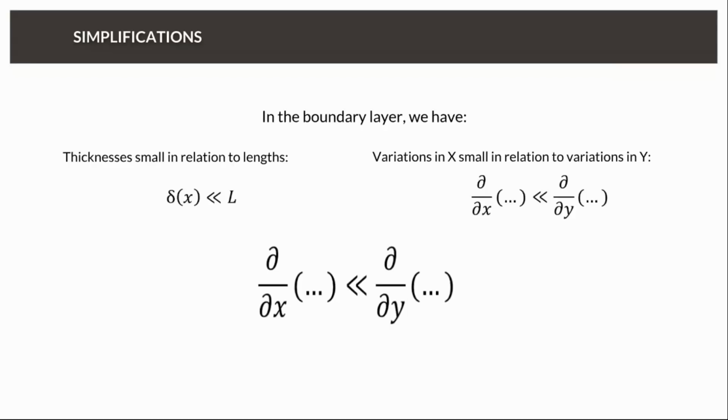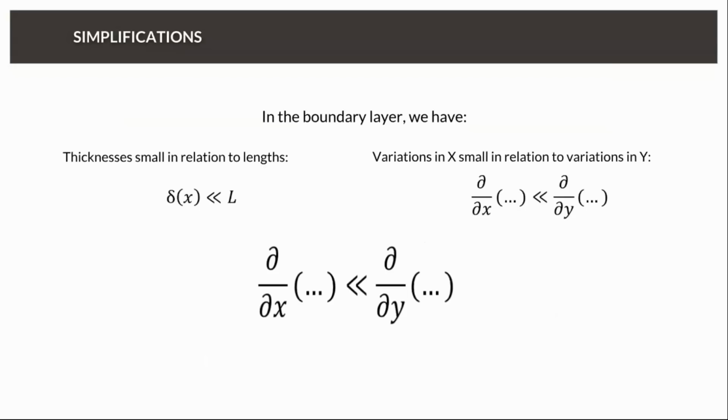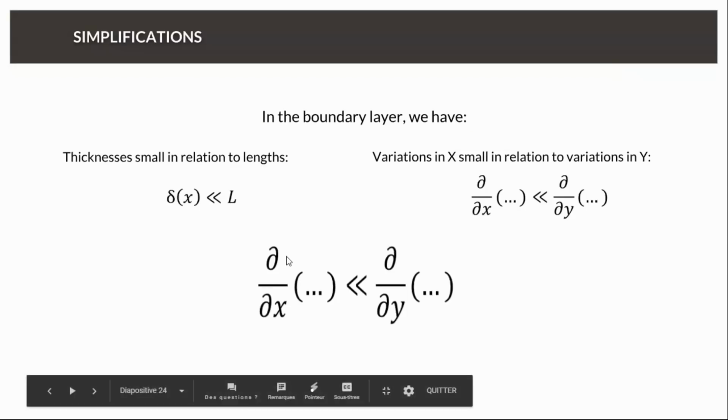And also, in the mathematical approach, in our thinking of what is happening, as the viscosity is very reduced for the air, so the Reynolds number is high, it means that the variations in x will be small.